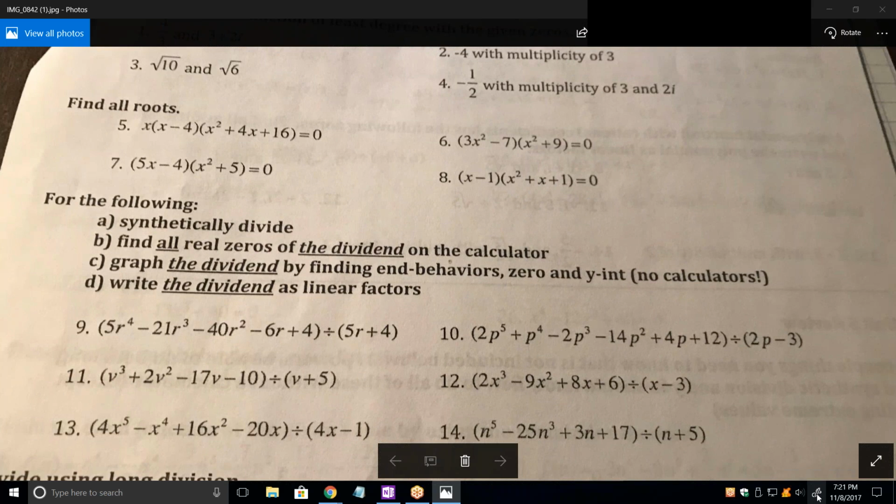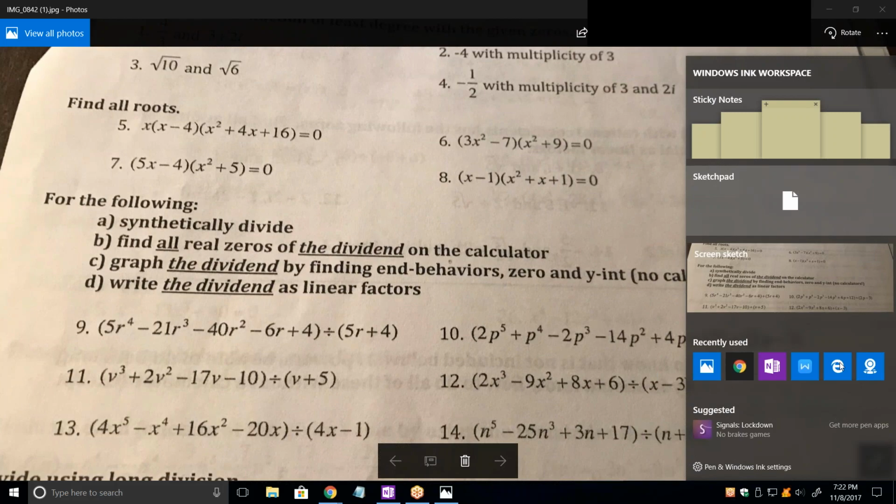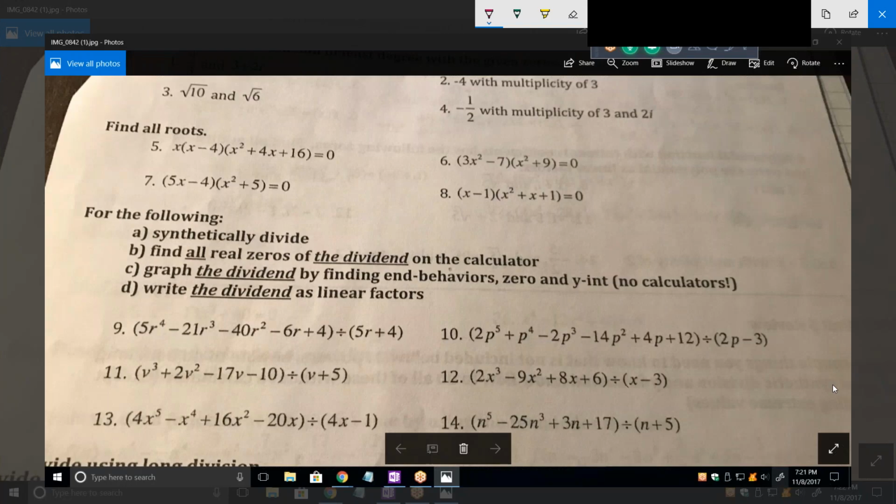So we got answers on that one. Are you satisfied with that one? Yeah. Number 8. Okay. For the following, synthetically divide. Find all real zeros of the dividend on the calculator. Graph the dividend by finding end behaviors, zeros and y-intercepts without a calculator.